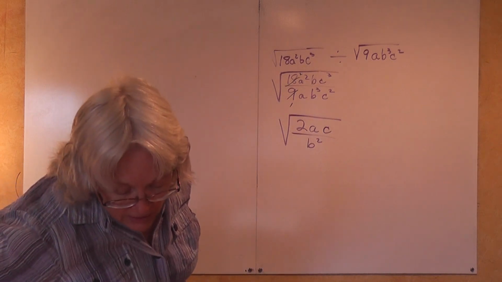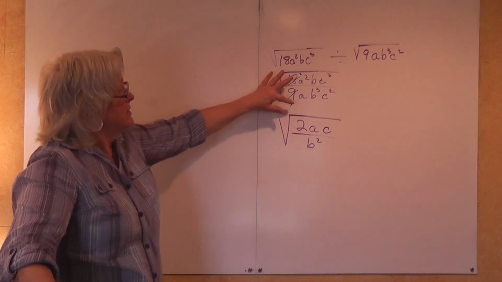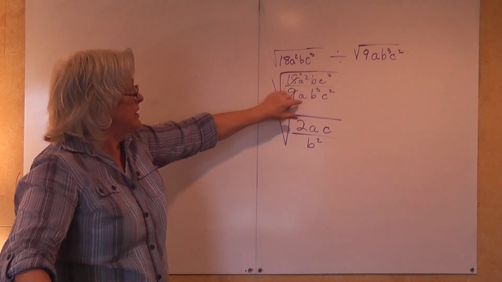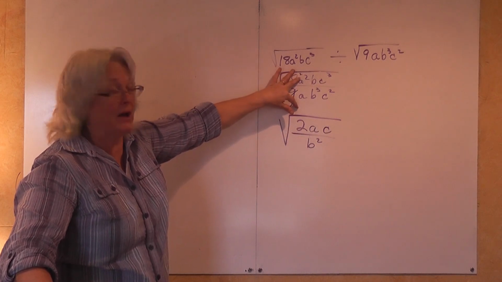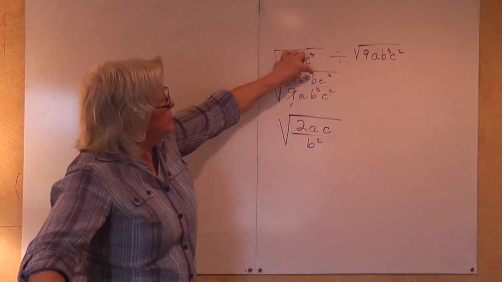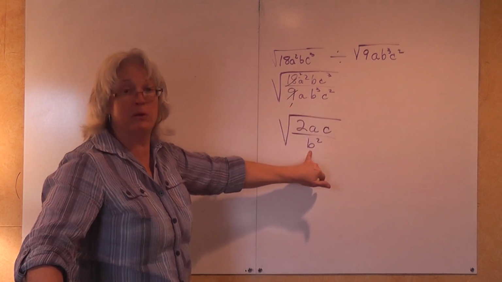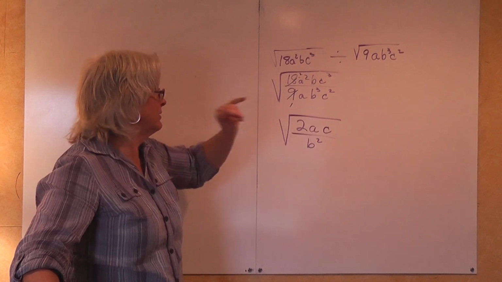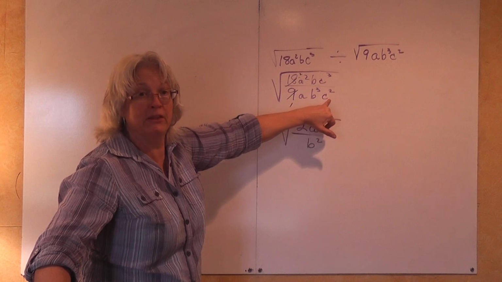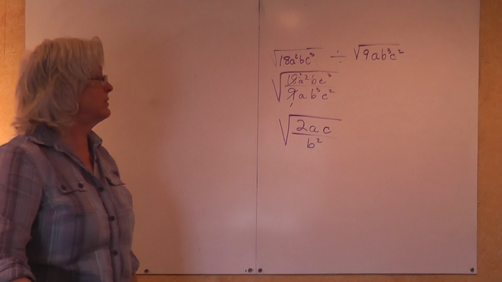Everybody take a second and look at that. Make sure you see what I've done. A squared, I have two factors of a in the numerator, one in the denominator, cancel a pair of factors. I have an a remaining in the numerator. I have one b in the numerator, three b's in the denominator, leaving me b squared in the denominator. Three c's in the numerator, 2 in the denominator, leaving me one factor of c in the numerator.